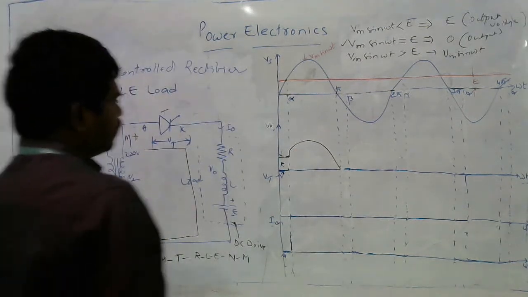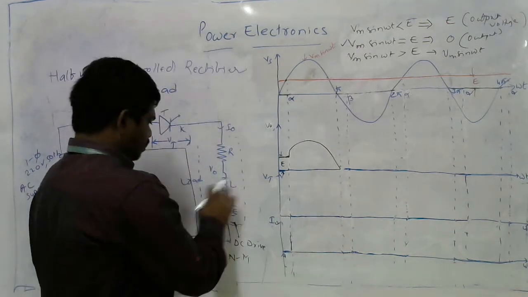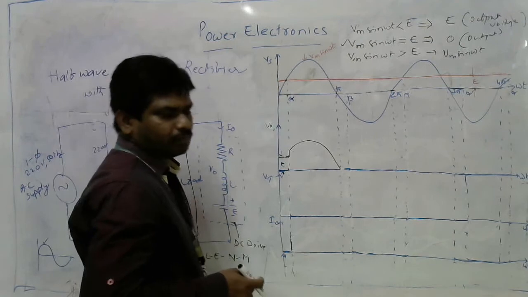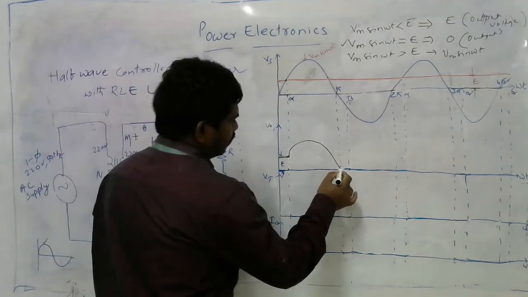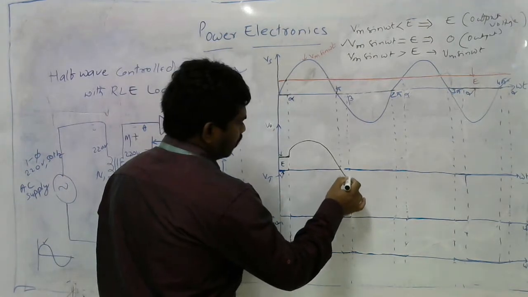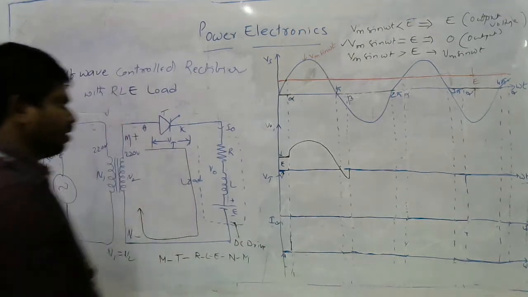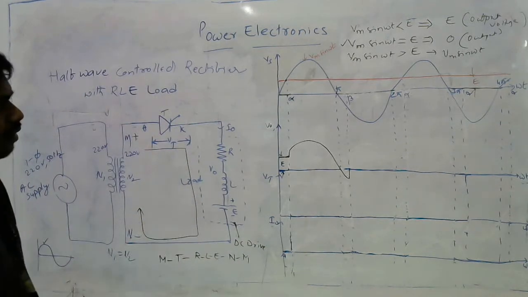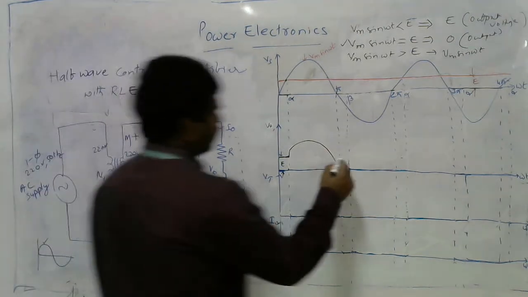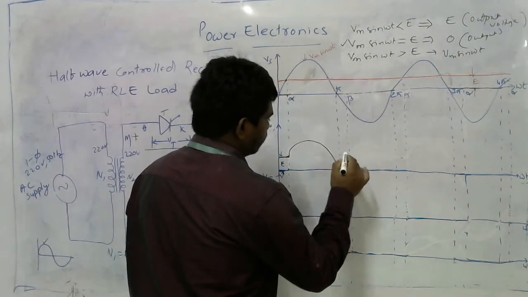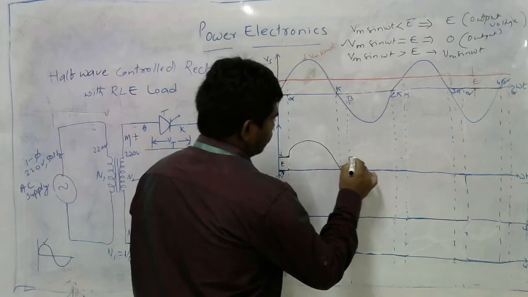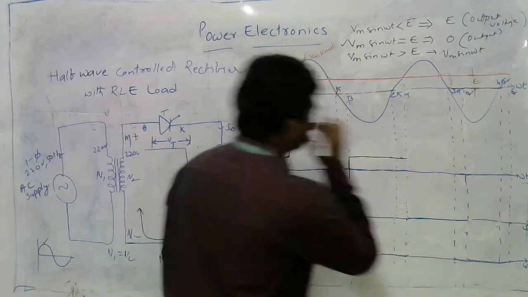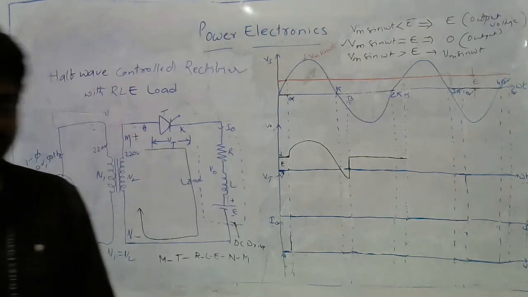Then, because the inductor stores energy during the positive cycle, it delivers that energy later and the conduction continues like this. It maintains the same for the next negative half cycle.